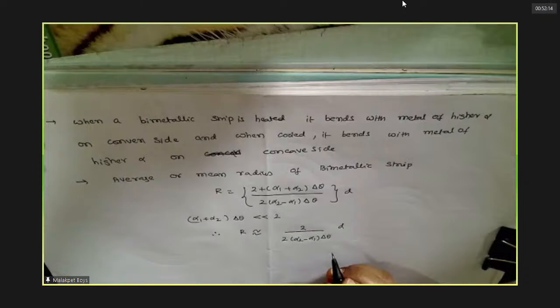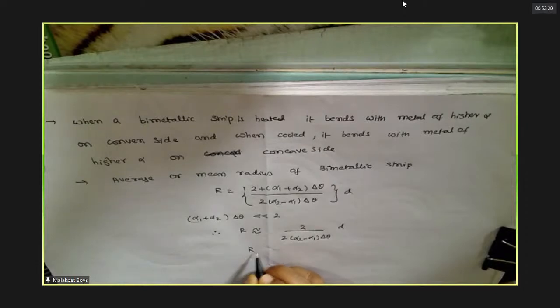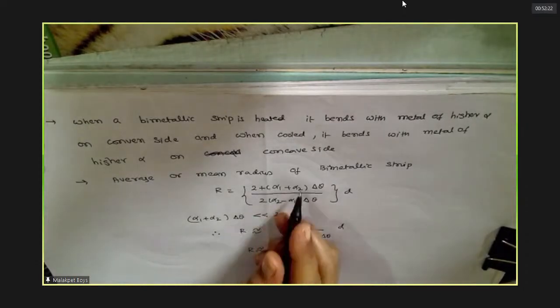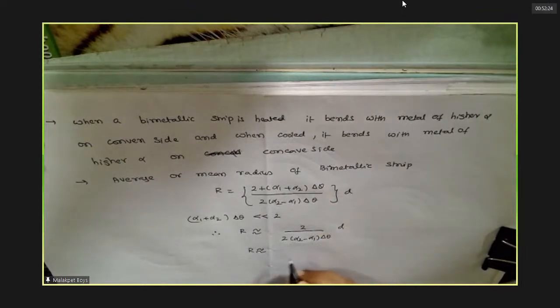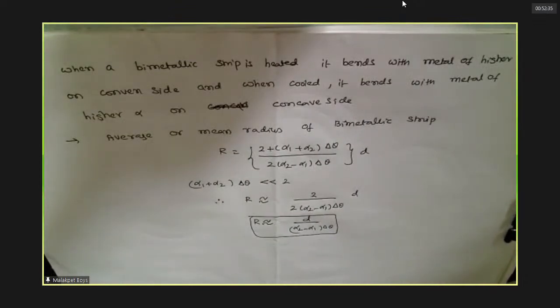If you lose 50 rupees, you won't mind. Suppose you have only 100 rupees, you lost 50, definitely it will matter. So comparison should be made between these two quantities which are being added or subtracted. So approximately this will be the radius of curvature. Is it clear?